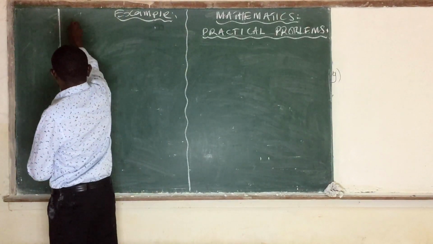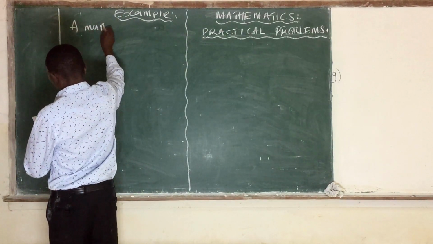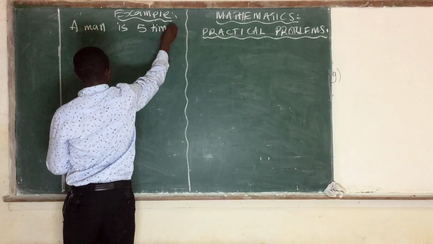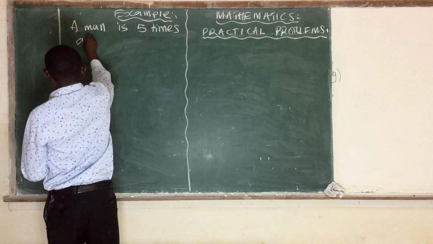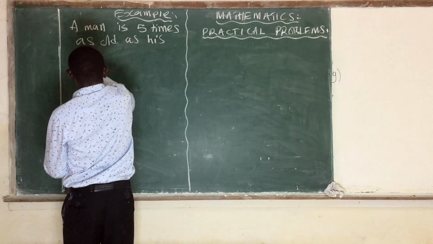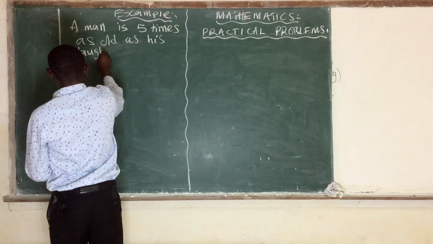Right, we have a man, they say, is 5 times as old as his daughter.